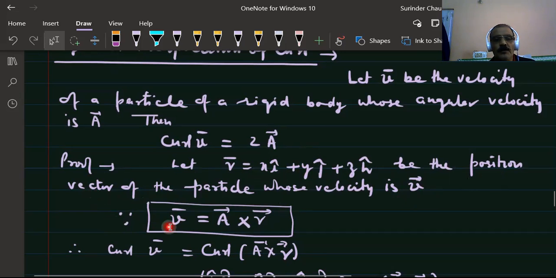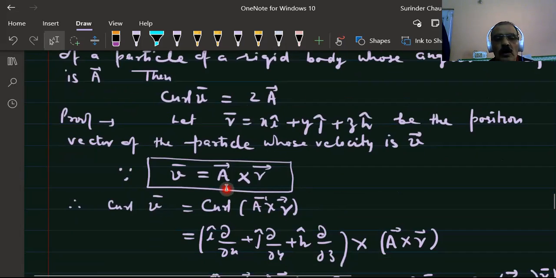Therefore, we know that velocity is equal to angular velocity cross the position vector, v = ω × r.